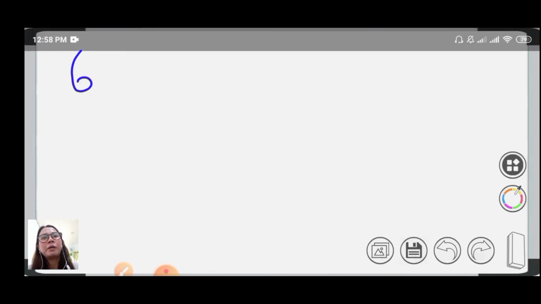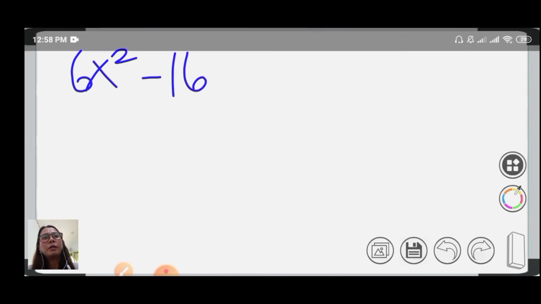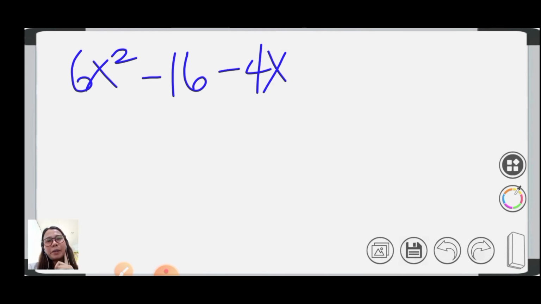So what if we have 6x squared minus 16 minus 4x? As you examine the trinomial, it is not written in descending order.